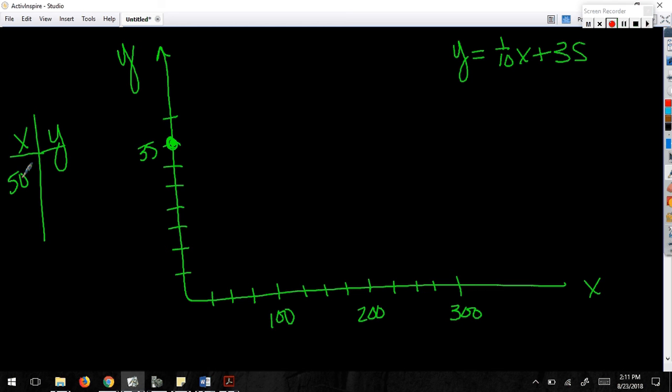I went up by 5s going up here, and I went by 25s going across. If you use 50 minutes, so put a 50 here, how much is your bill? If you're paying 10 cents for every minute and a $35 base fee, how much is your bill after 50 minutes?